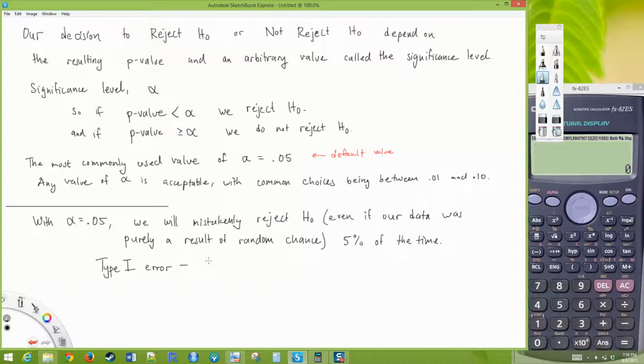This is rejecting the null when in reality the null hypothesis is true. Okay. So we can also write probability of a type 1 error is equal to alpha.